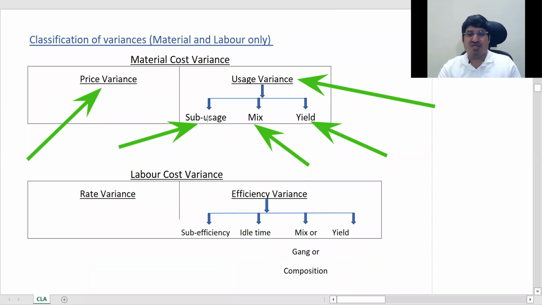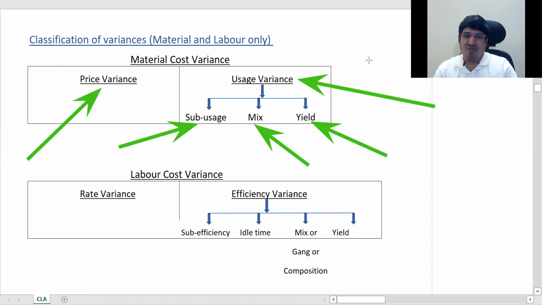The yield variance is always equal to sub usage variance. The mode of computation is different. That we will see later on. So usage variance basically is mix or yield variance. These are the two types. So you can say yield or sub usage. You can even say it that way.